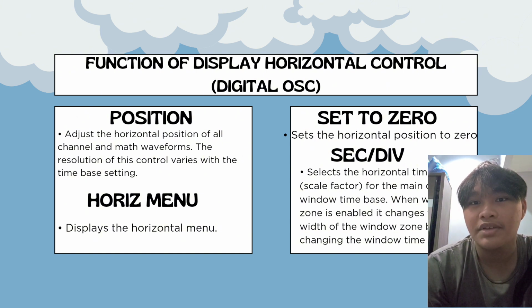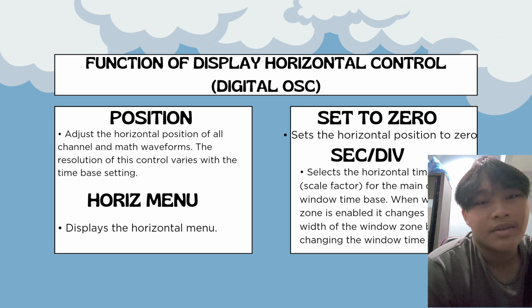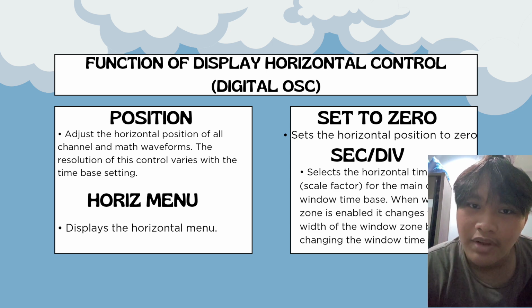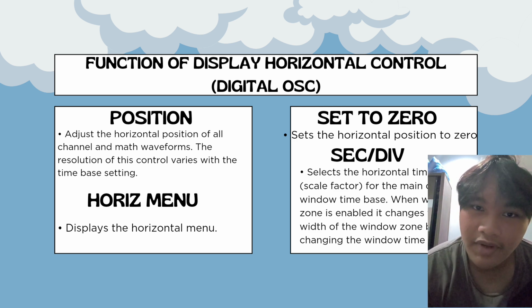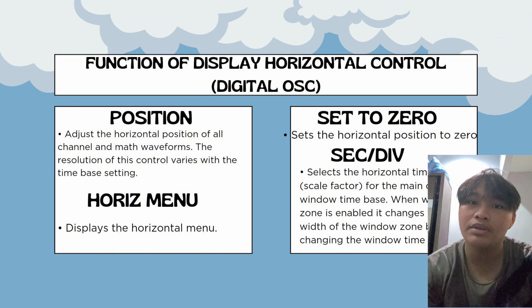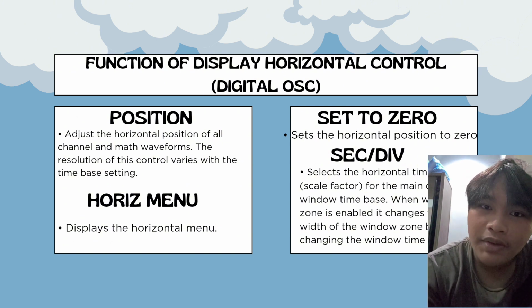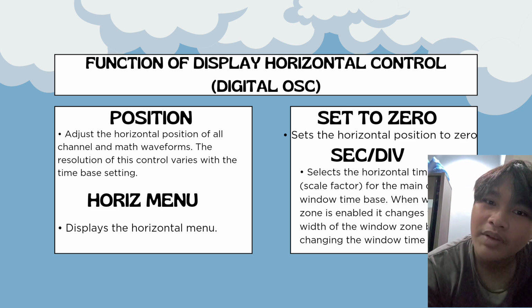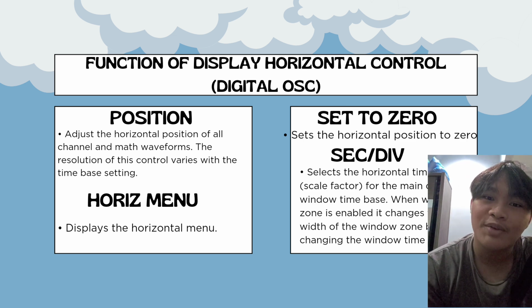Function of horizontal control, digital oscilloscope. First is position. Adjust the horizontal position of all channel and math waveforms. The resolution and control vary with the time-base setting. Horizontal menu. Display the horizontal menu.